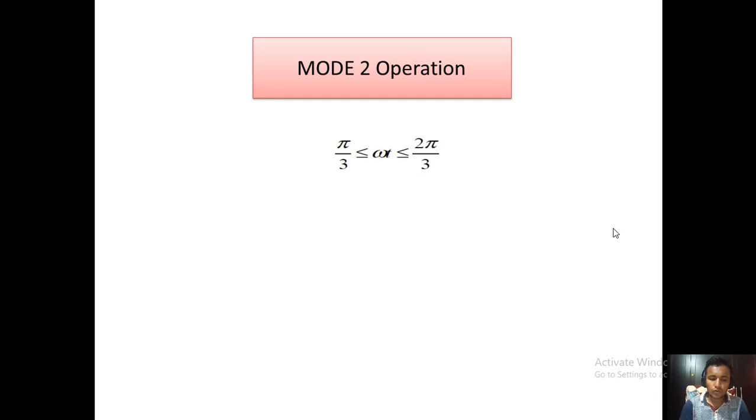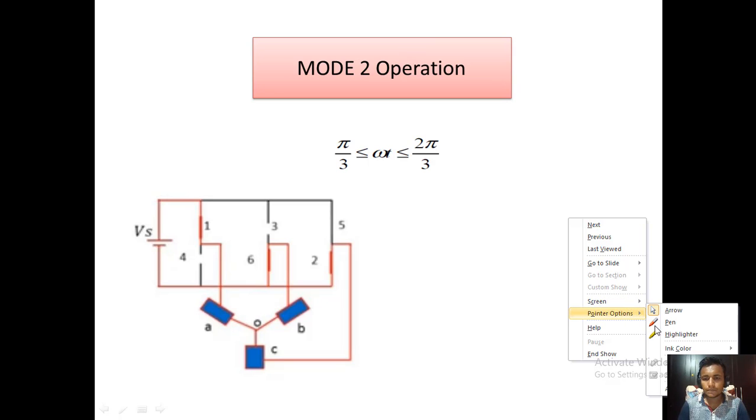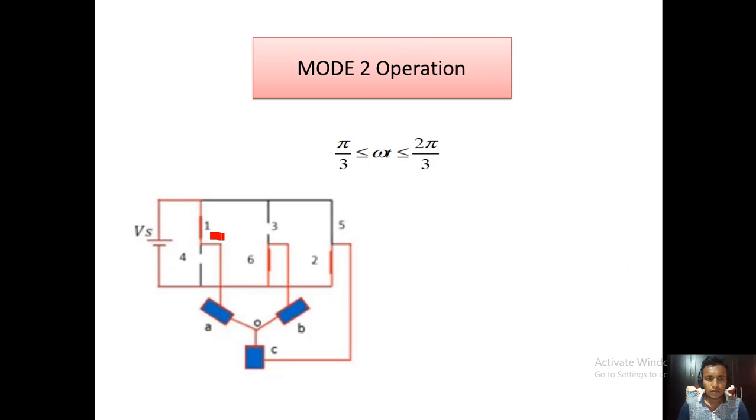So we have to draw the main circuit. In the main circuit you can see thyristors 1, 6 and 2 are on. The first thyristor is connected to the positive terminal of the DC supply, and thyristor number 2 and thyristor number 6 are connected to the negative terminal of the DC supply.